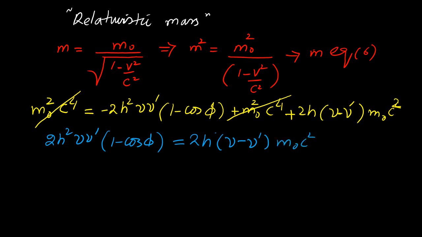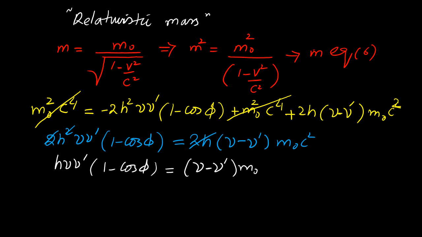So this 2h will cancel with 2h on the left side. So then the equation will become h nu prime into 1 minus cos of phi is equal to nu minus nu prime into m naught c square.